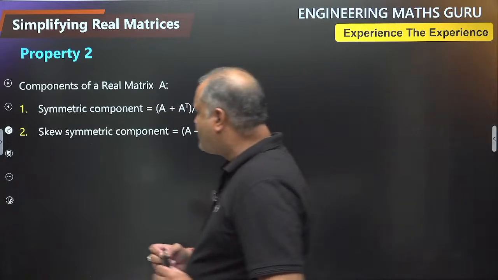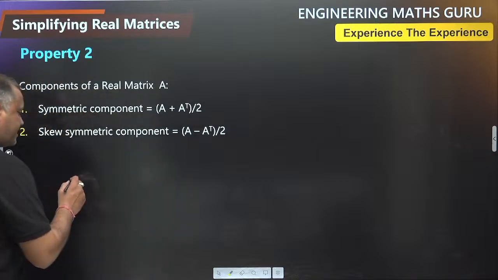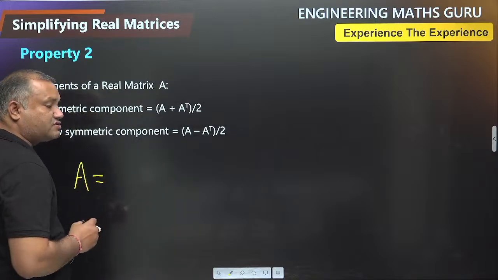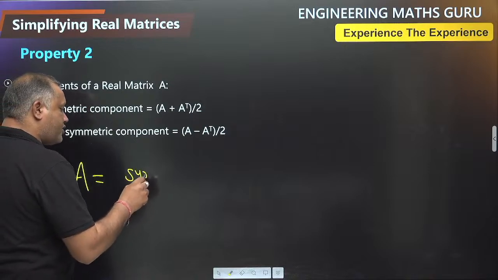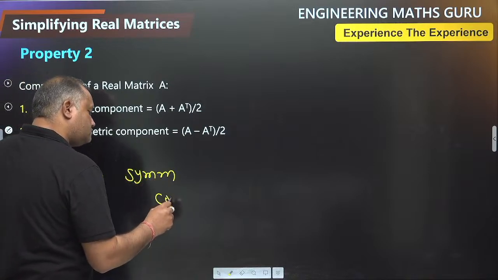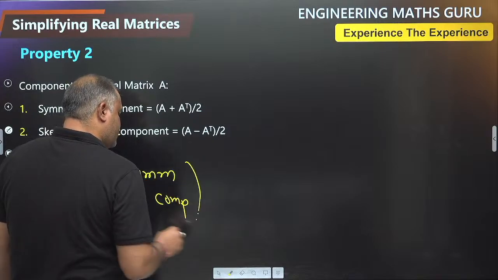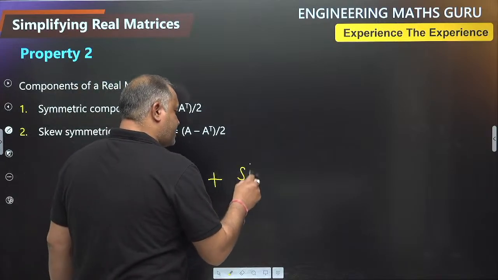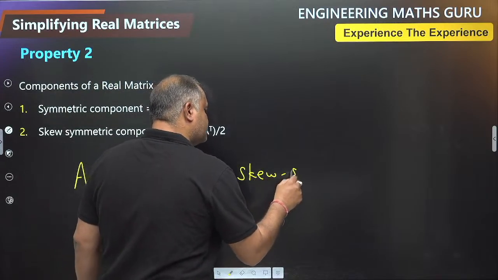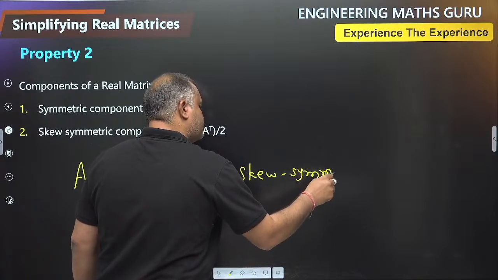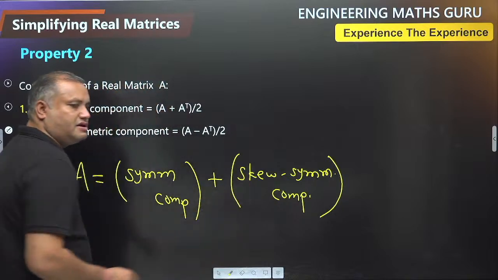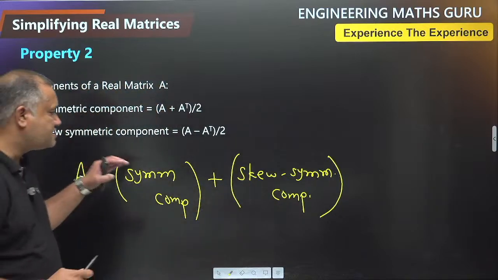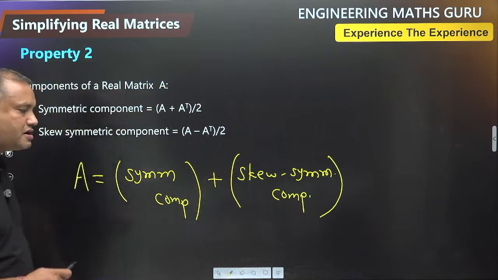Now, any square matrix can be split into two parts: symmetric component and skew symmetric component.